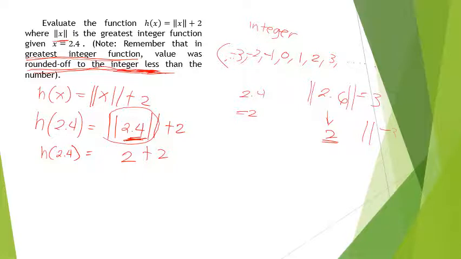For example naman, negative 3.6. Magiging sagot dito ay negative 3. Ay negative 4. Kasi nga, rounded to the integer less than. Mas maliit naman na negative 4 kaysa sa negative 3. Kaya negative 4 ang magiging sagot dito.